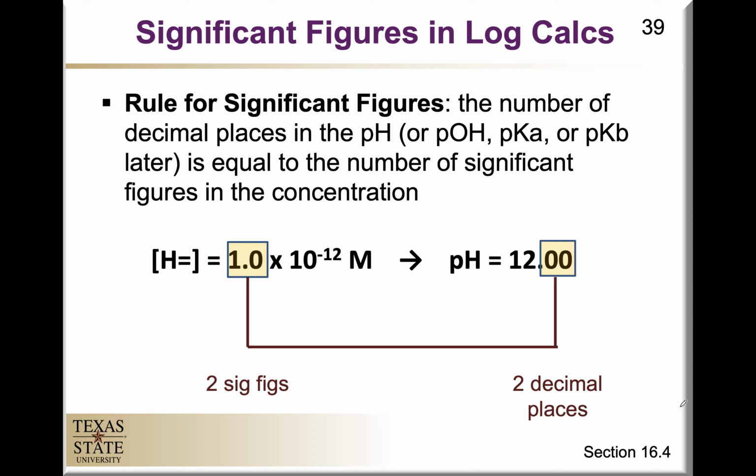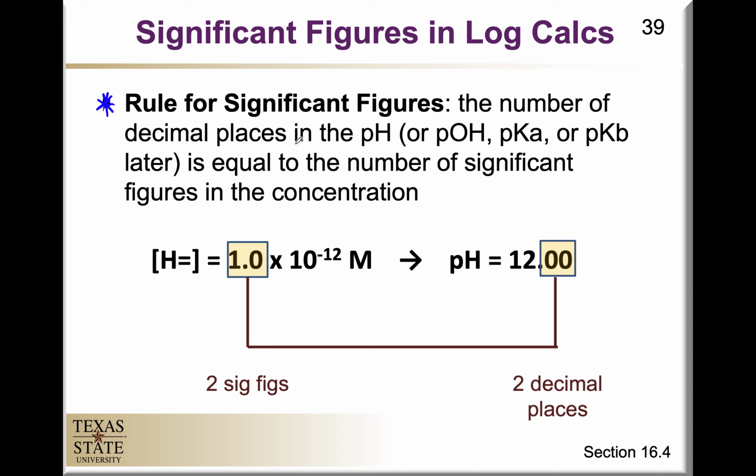Okay, now significant figures for log calculations. This is a little bit weird, but I want you guys to utilize it. It's actually not that hard, but at the beginning it might seem a little bit weird. So work with me here. So the rule is the following.